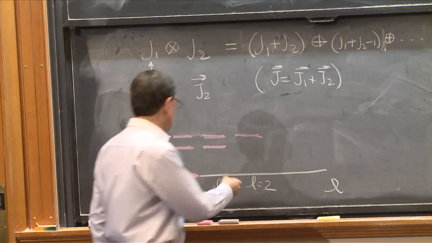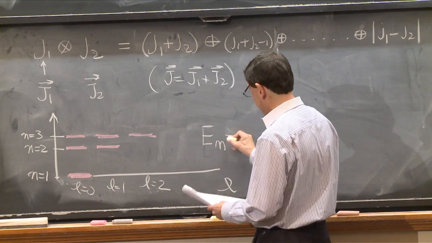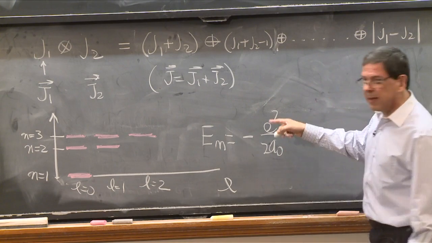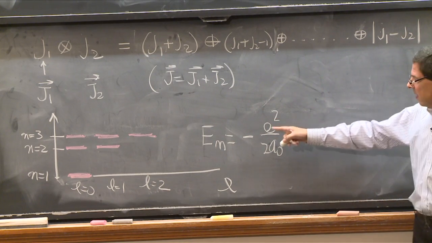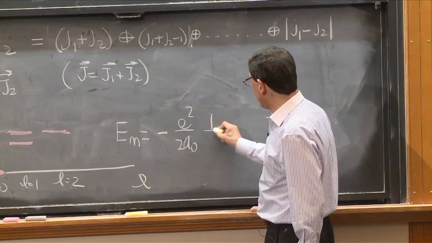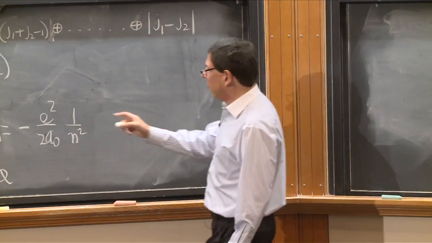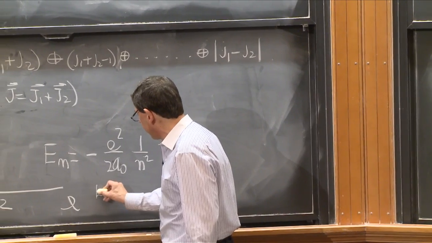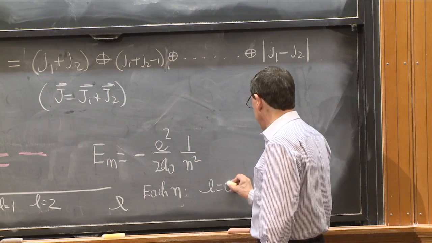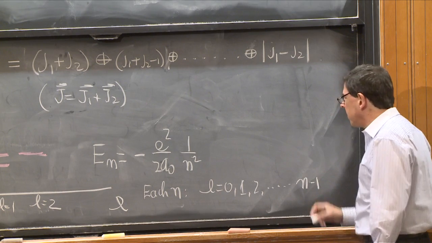And it just so goes on and on with the energy levels En equal minus e squared over 2a0. That combination is familiar for energy, Bohr radius, charge of the electron, with a 1 over n squared. And the fact is that for any level, for each n, L goes from 0, 1, 2, up to n minus 1.